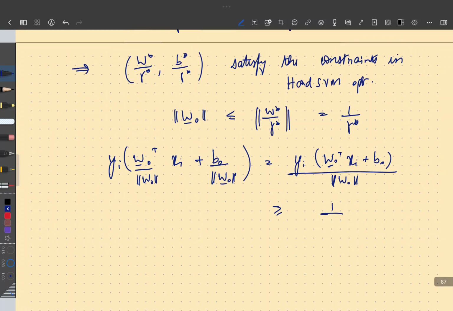And we know that the norm of W0 is less than or equal to 1 by gamma star, because W0 is the solution of the Hard-SVM optimization problem. So this is greater than or equal to 1 by (1 by gamma star), which is gamma star.